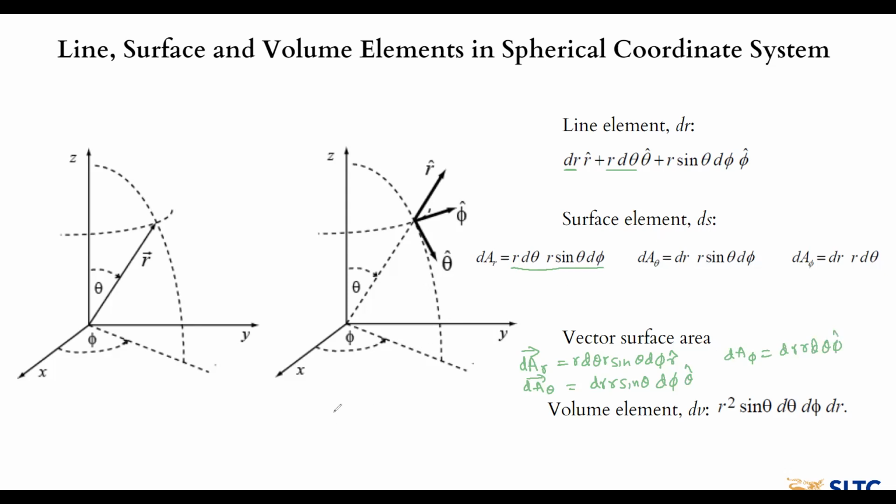So basically what you need to understand is that if you are trying to find the vector surface area, you need to take the area of the surface and then multiply it with the vector which is perpendicular to that area, right? So if I draw an area like this, there's a vector which is perpendicular to this area. That vector could be r hat, it could be phi hat, it could be theta hat, right?